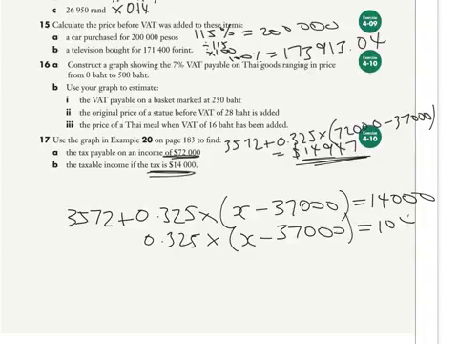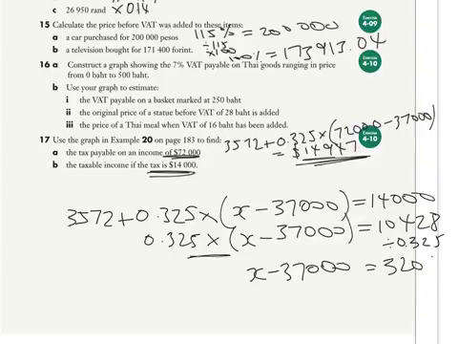Now we get rid of the times, so we divide by 0.325. We can remove the brackets then. And then we add 37,000 and get $69,086.15. This question can be done trial and error, but it's probably much quicker to do algebra.